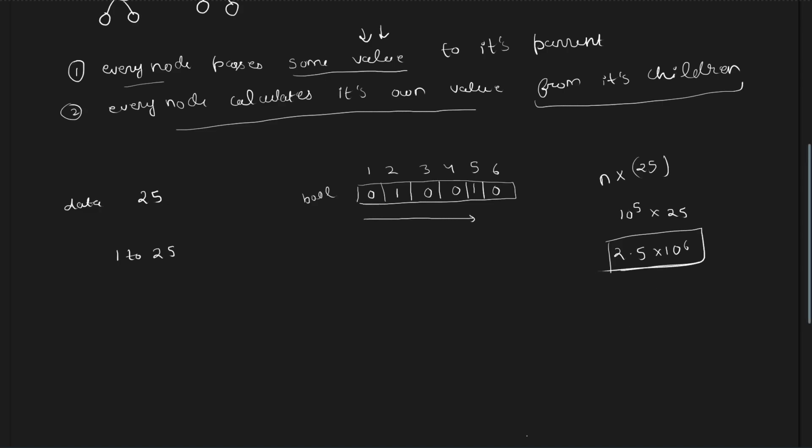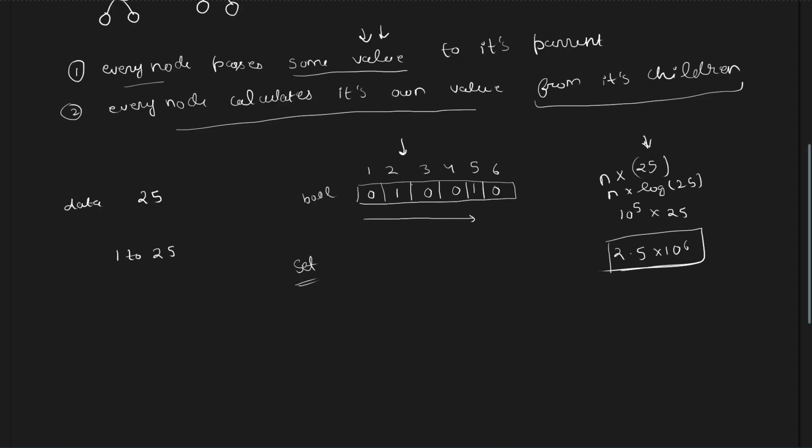So my overall approach was the same, but the way I was checking how many unique elements are present in the current node, I changed, and I did it using a set. Since the number of unique elements in the set would be at most 25, it would be n into log of 25.